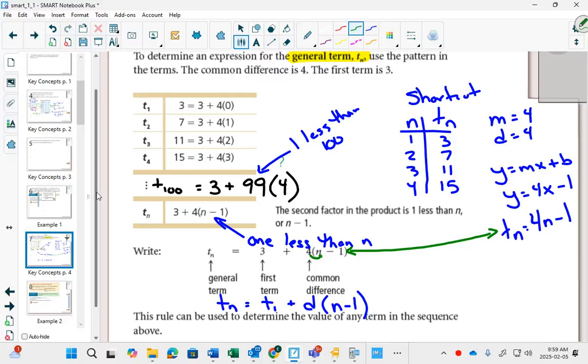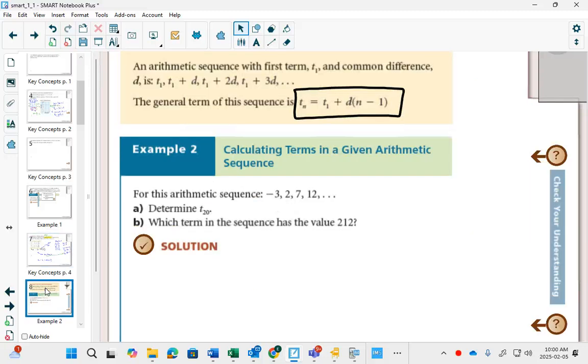That matches up perfectly. 4 times negative 1 would give me minus 4, like term with plus 3. Does that give me a minus 1? Yes. So you're able to use, if you want to use that shortcut for y equals mx plus b as a shortcut, perfectly fine. Then you're using your mind because the shortcut's not on your formula sheet. But this is on your formula sheet.